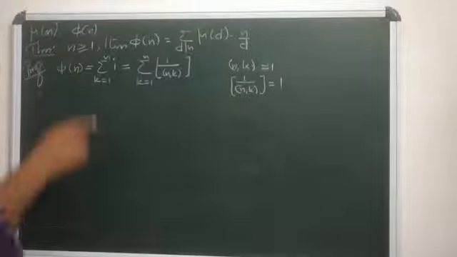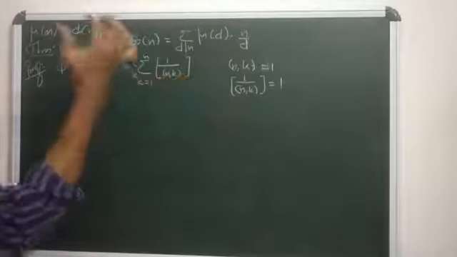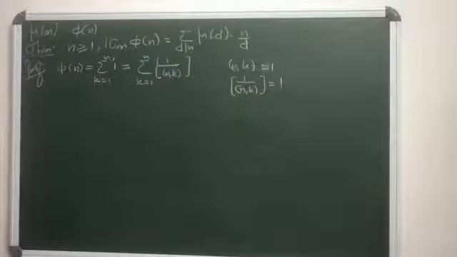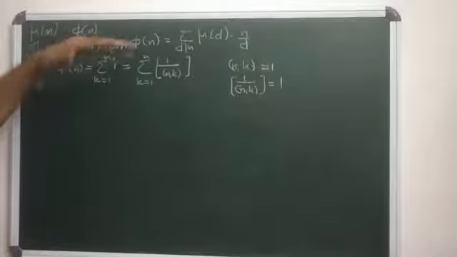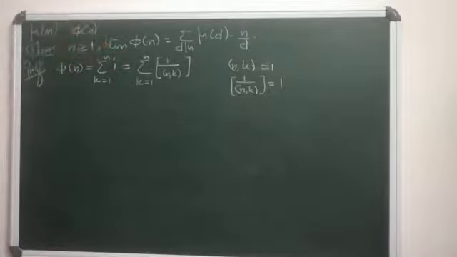So this can be expressed as sigma k ranges from 1 to n of the greatest integer part of 1 by GCD of n and k. Clear? Here k runs through every integer less than or equal to n.